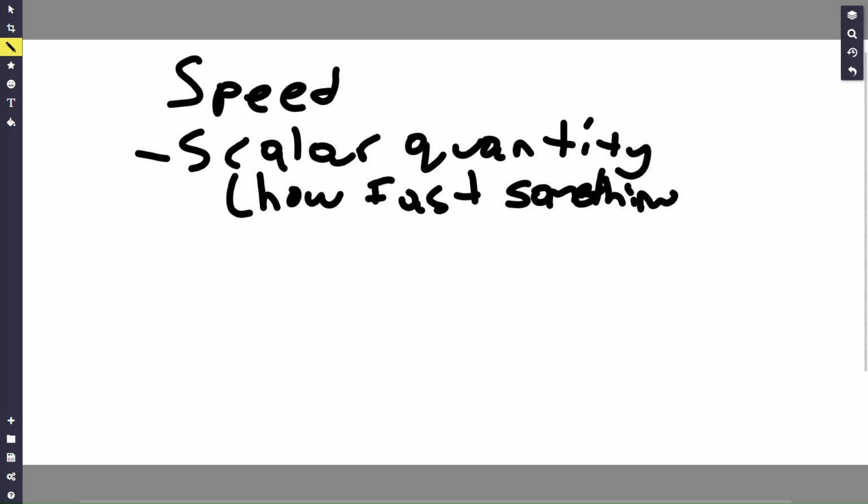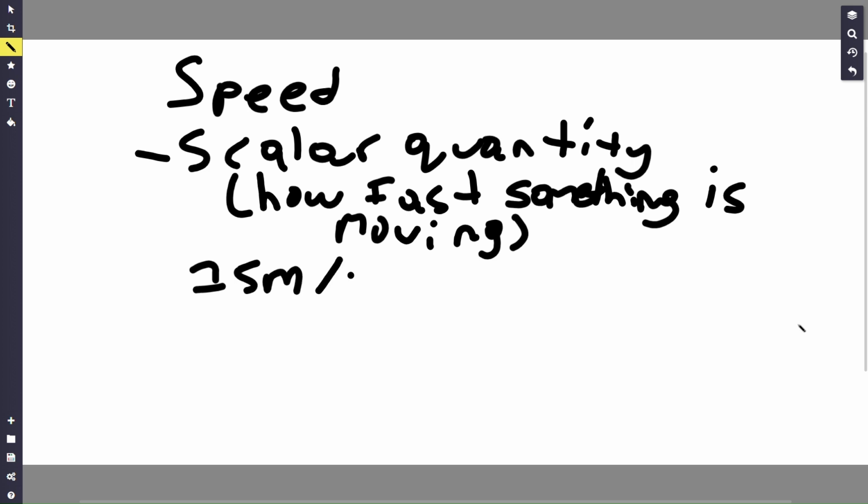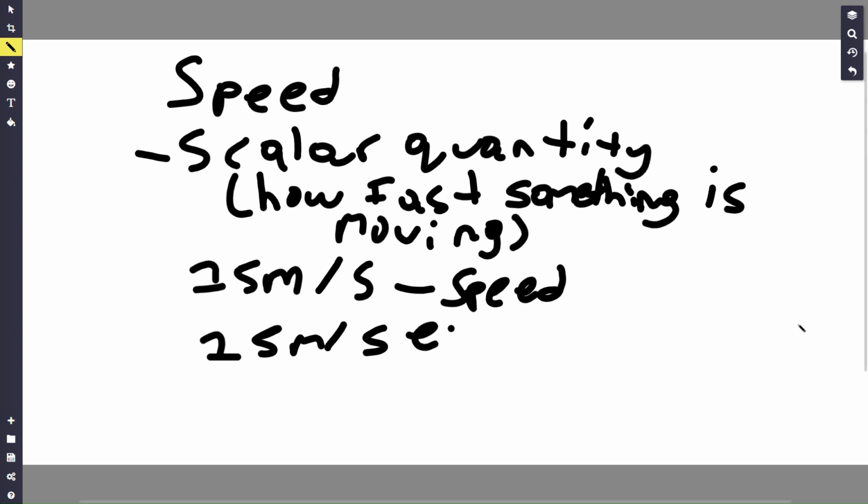Such as if a car is moving at 15 meters per second, that's speed. However, if it's moving 15 meters per second east, this is velocity.